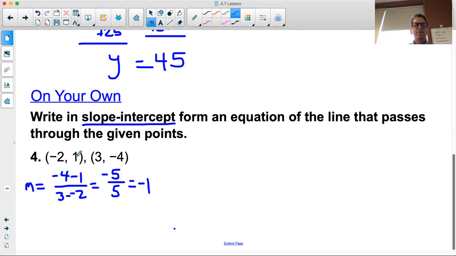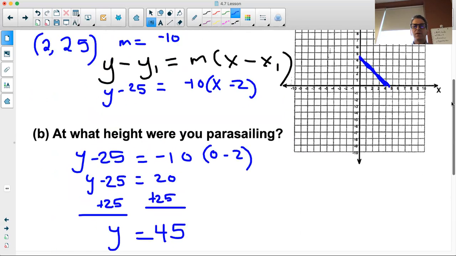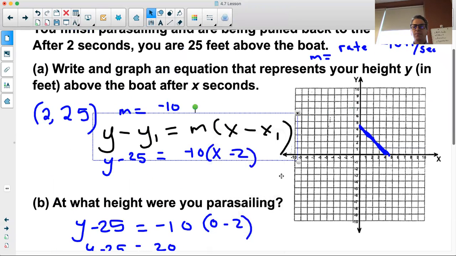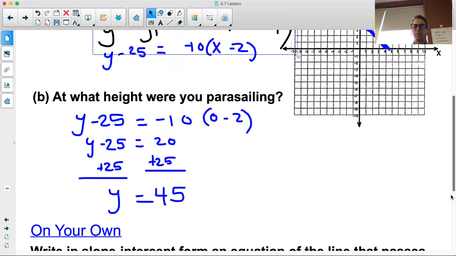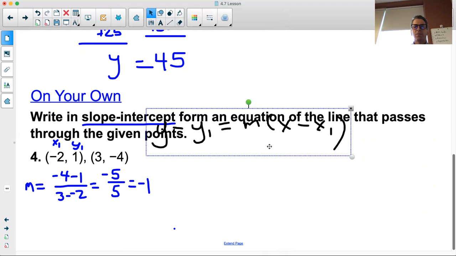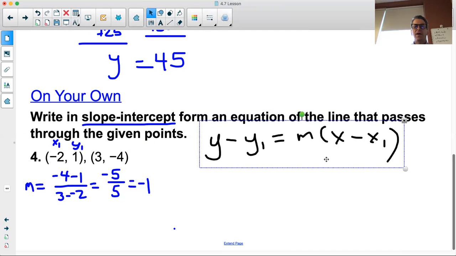Now it's your choice as far as which point you'd like to use. I'll pick negative 2 and 1. So I'll use this as my x1 and 1 as my y1. And what I'll do is, I'll use this relationship here. I'll copy that down and paste it. So we have it right there handy.